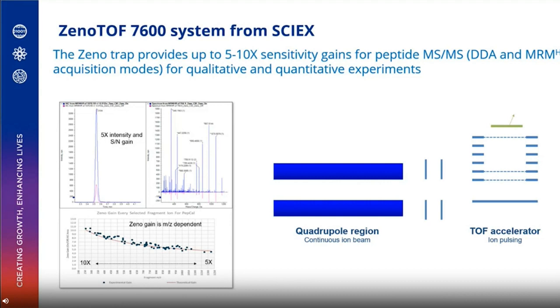In the figure on the right, when the Zeno trap is turned on, the continuous ion beam passes through the ion gate according to the mass over charge. The ion pulsing in the TOF accelerator helps the TOF detector achieve an enhanced peptide MS/MS duty cycle from 30% up to 90%, and the sensitivity gains by 5 to 10 times enhancement.